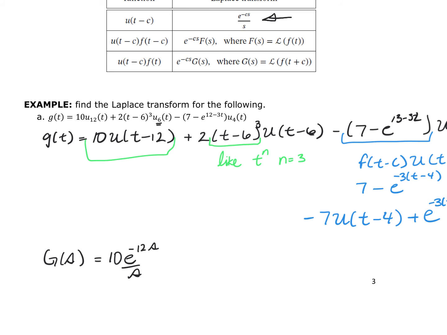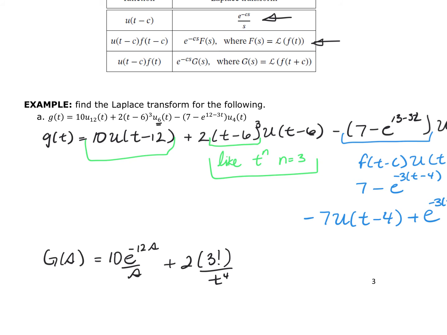That's this first one. The second one is going to be 2. It's going to come along for the ride. And I'm going to use the n is equal to 3 of t to the n type form. That is then going to be multiplied by 3 factorial over s to the 4th, because I have u, so I'm going to look at this one.